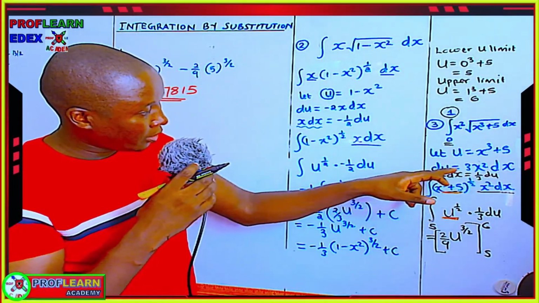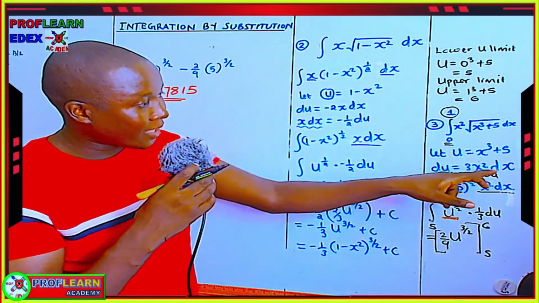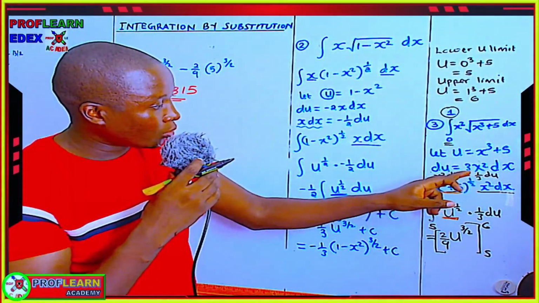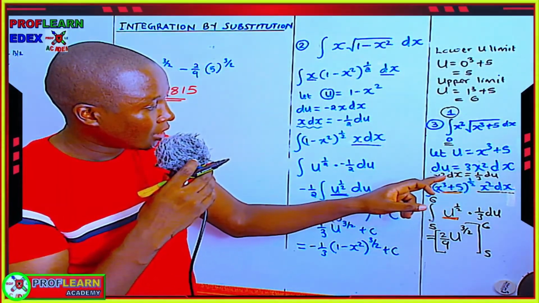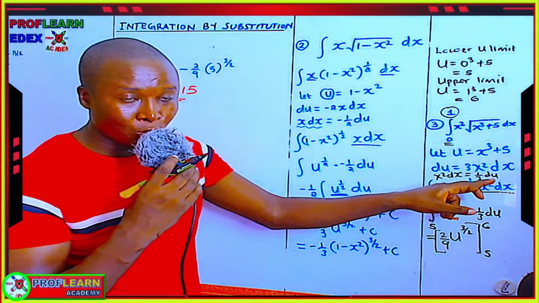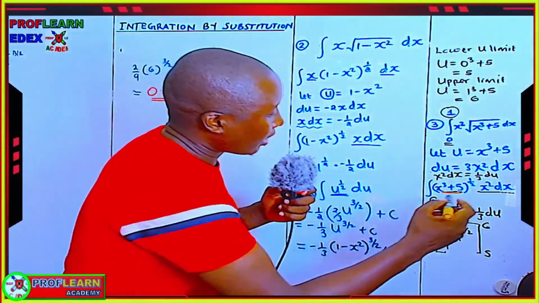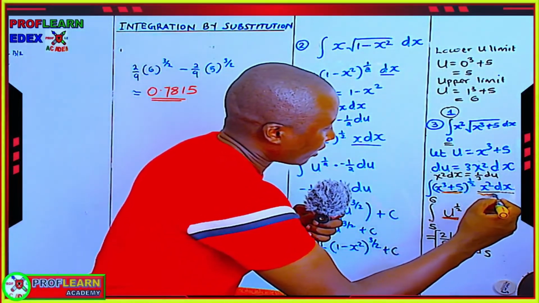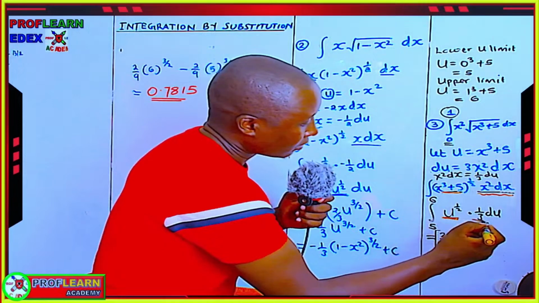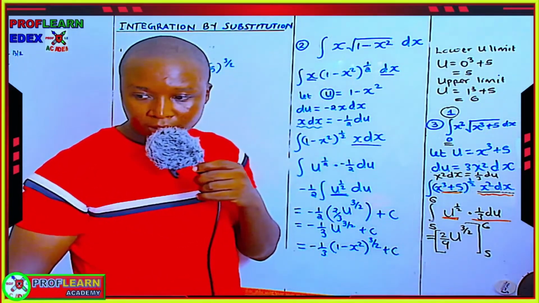You have du equals 3x squared dx. For you to have x squared dx, we're going to divide by 3 both sides. So we shall have x squared dx equals 1 over 3 du. So any point we are going to have x squared dx, we are going to replace that with 1 over 3 du.